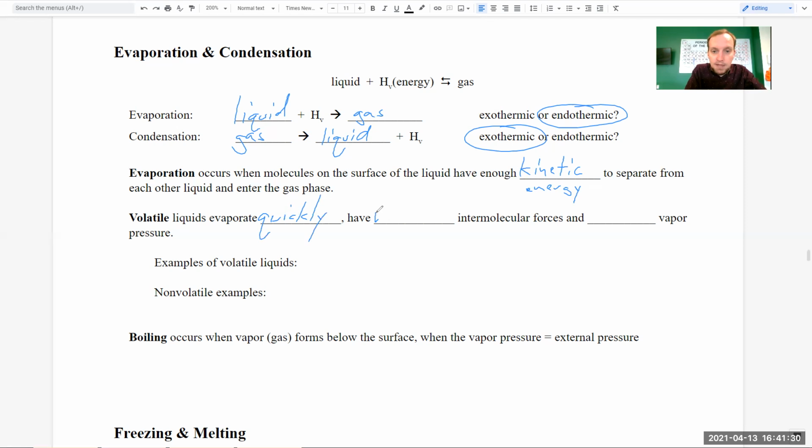They have very weak intermolecular forces, which is why they evaporate so quickly, and have greater vapor pressure, which is not surprising if you think about it, because if they evaporate easily, then they're going to go into the vapor state or the gaseous state. Therefore, because there's so much of it going into the vapor very, very easily, the vapor pressure will be quite more substantial than, say, something that is not as volatile. Some examples of these would be things like gasoline. You know how gasoline, it smells so bad, right?